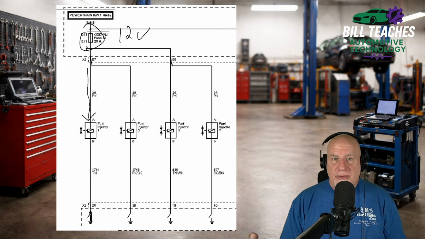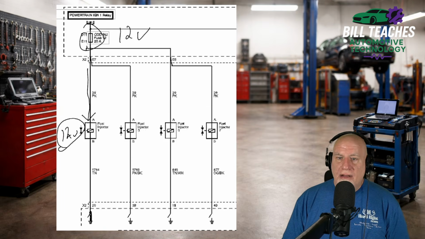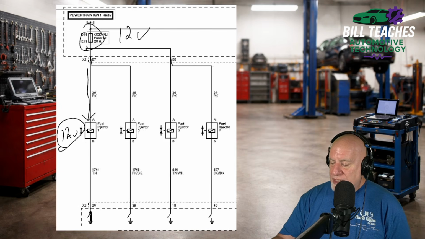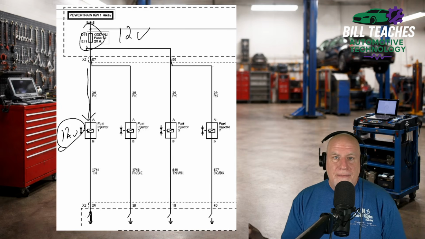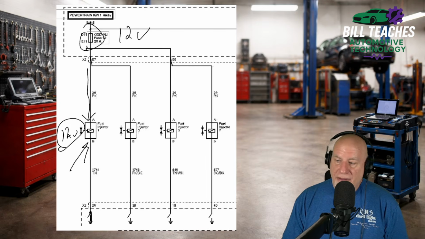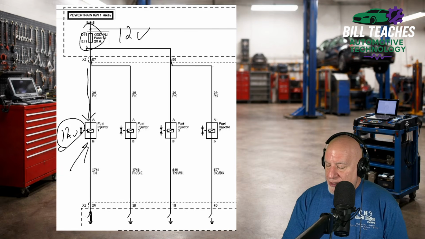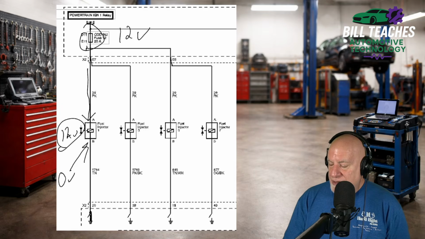And now, because we have a ground path, the fuel injector will use up all of those volts. So all 12 volts will be used up right there. And now on the ground side, if we were to check right here on the other terminal of the fuel injector, we would have 0 volts.